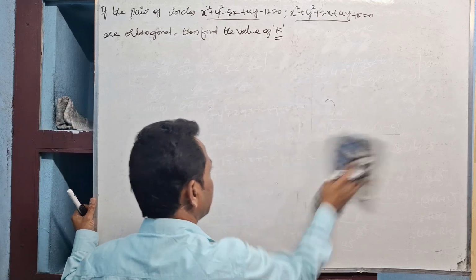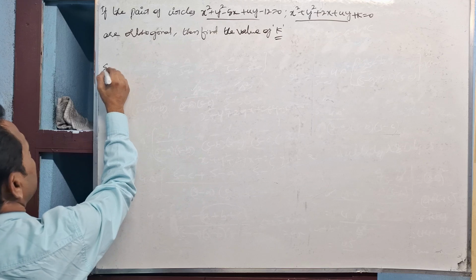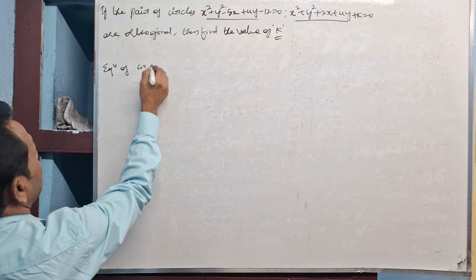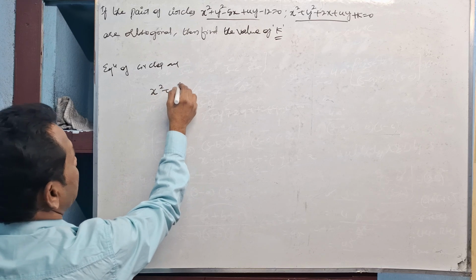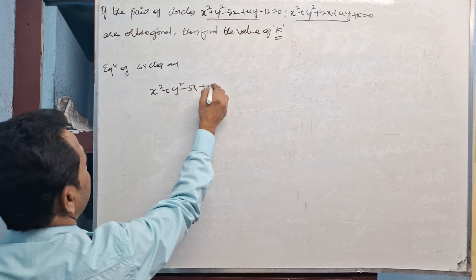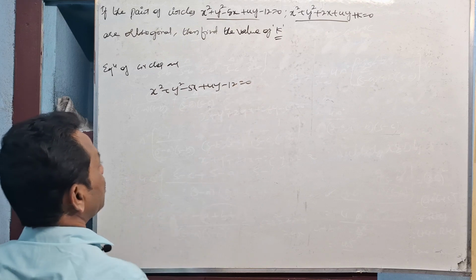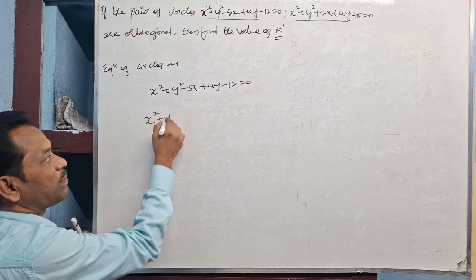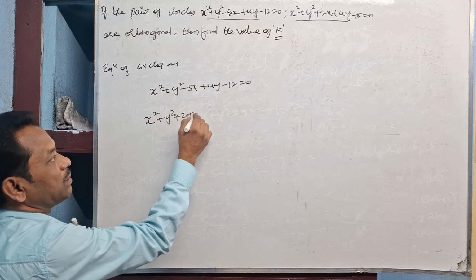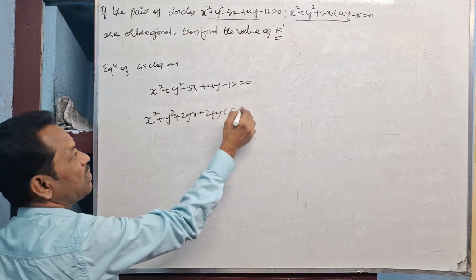Now our given equation of circles: the first circle is x square plus y square minus 5x plus 4y minus 12 equals 0. Let me compare this with the general form of the circle, x square plus y square plus 2gx plus 2fy plus c equal to 0.